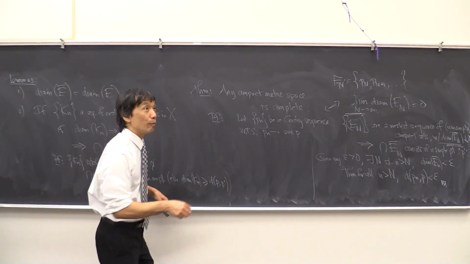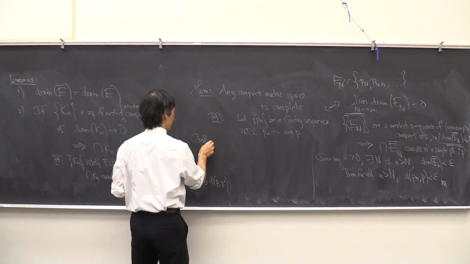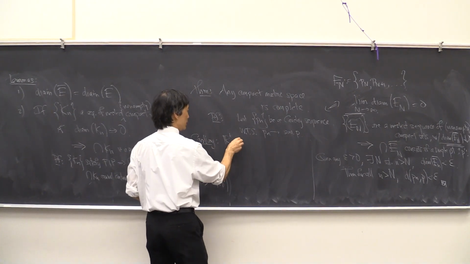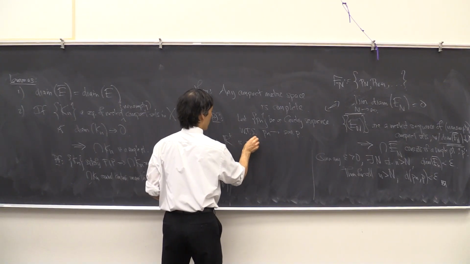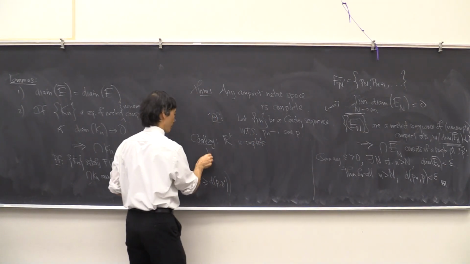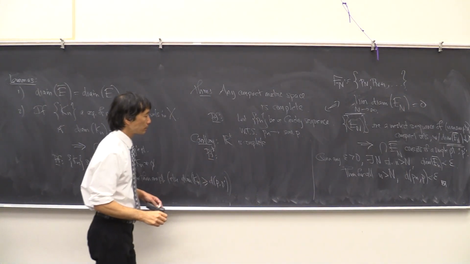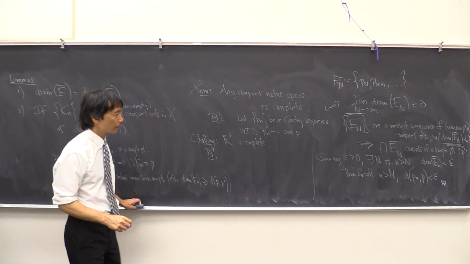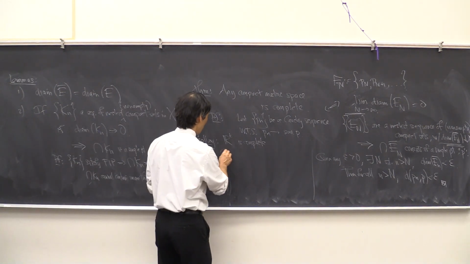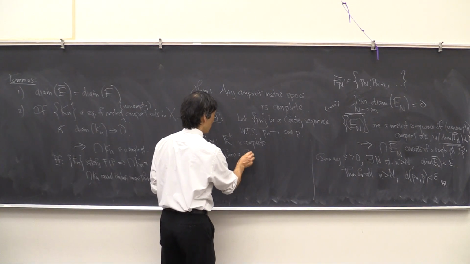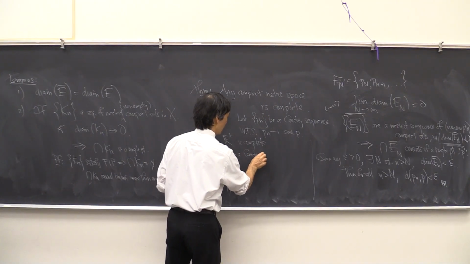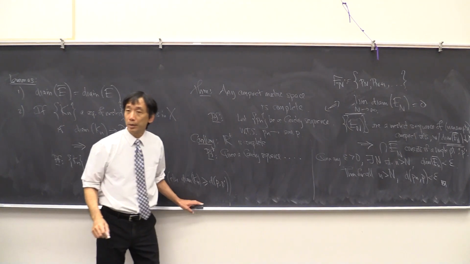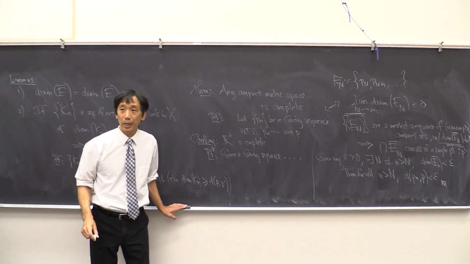Okay. One final corollary. Euclidean space is complete. So, given a Cauchy sequence, why is it complete?